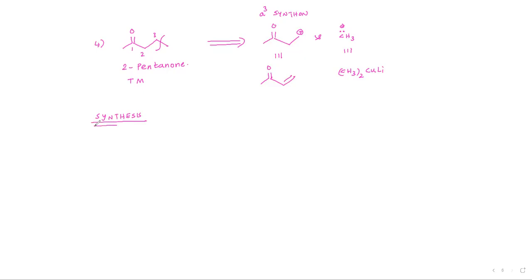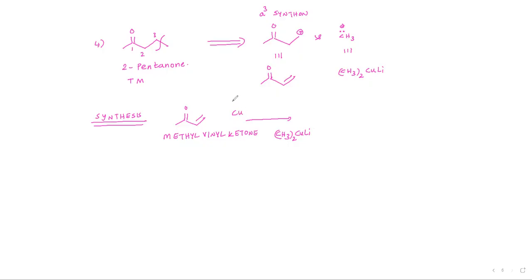This is the synthesis. Now you start with the alpha beta unsaturated carbonyl compound. This is called MVK, methyl vinyl ketone. This is another interesting compound. We have so much beautiful chemistry with methyl vinyl ketone. You can play like a football with it, and do so many interesting conversions from it. Take methyl vinyl ketone, and then you have dimethyl lithium cuprate here, (CH3)2CuLi.